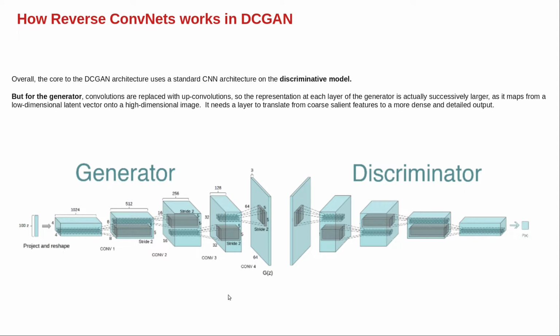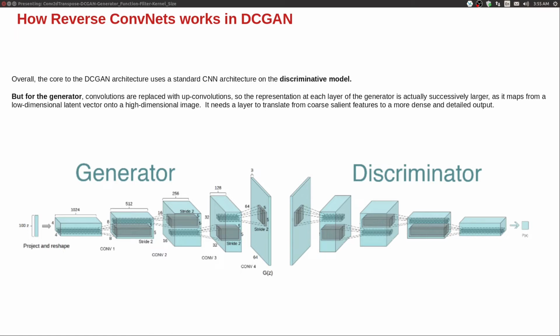Instead of taking an image and processing it into a vector, we take a vector and upsample it to an image. If you look at this image, we start with a single vector, which is a 100-dimensional input vector, also called the noise latent vector, and then upsample with each layer, ultimately giving me this wide layer at the end. So that's the generator.